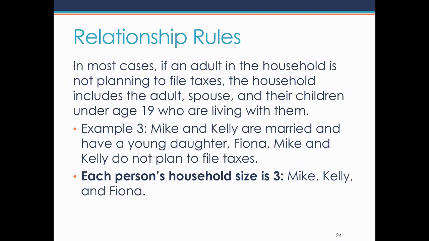Fiona's a child, so she doesn't have a spouse or children. Moving on, though, we see that if the target is under age 19, which Fiona is, then we'll include her parents and siblings under age 19 if they're living in the same household. And both of Fiona's parents are in the household. She doesn't have any siblings, so her household size will also be 3.